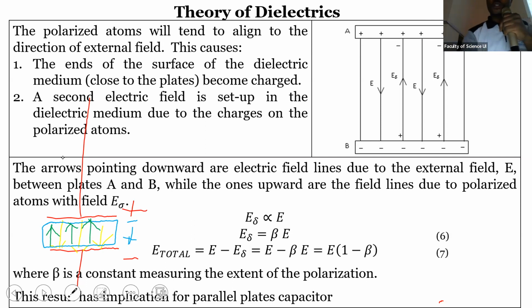If you look closely, you will notice that some lines are pointing upwards and labeled E subscript delta. The E subscript delta is the electric field set up within the insulator.